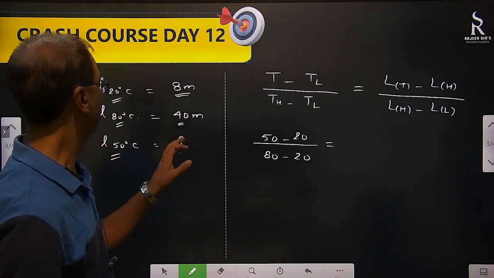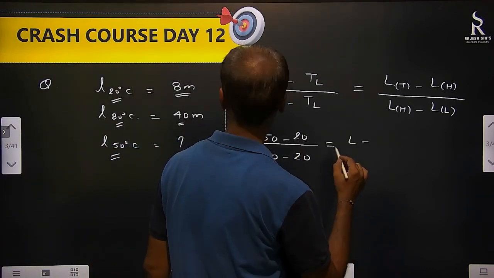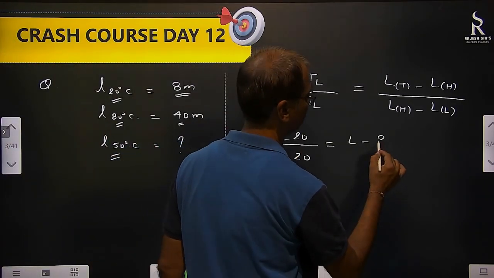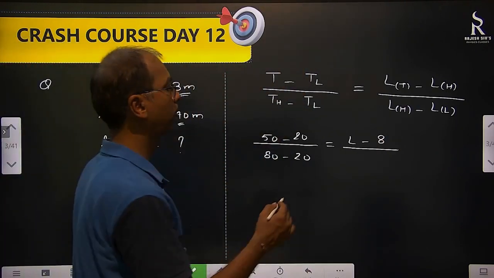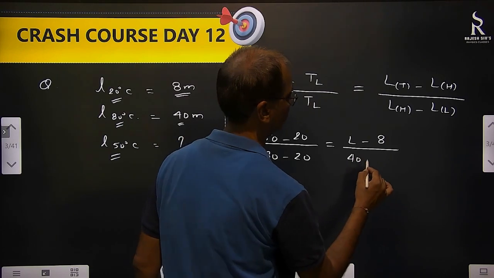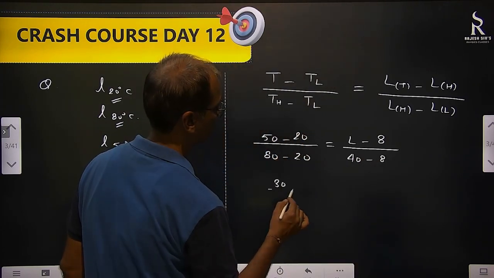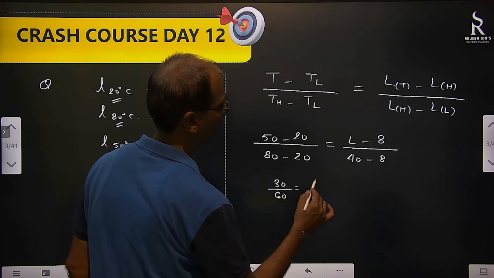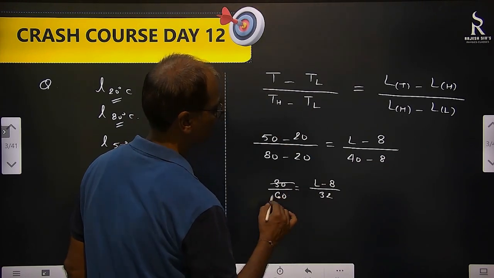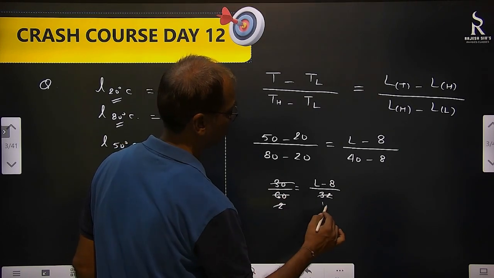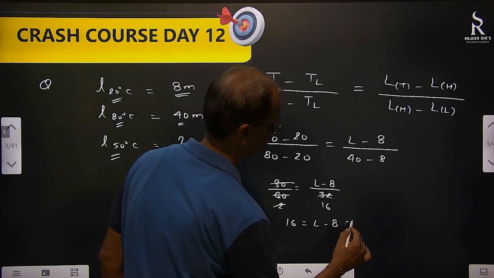Now the length at 50 we have to find, so let it be L, minus the length at 20, which is 8, divided by the length at 80, which is 40, minus 8. So this is 30 here and this is 60, equal to L minus 8 by 32. This is 2, this is 16. So 16 equals L minus 8, that is L equals 24.